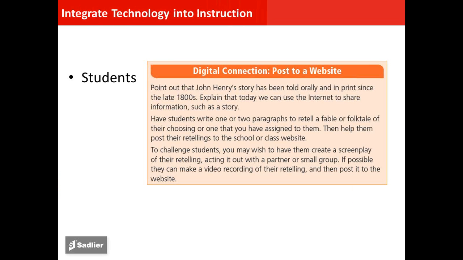With this generation of tech-savvy students, it is essential for students' success and engagement that you help them effectively use technology to improve and produce their writings, enhance their presentations and discussions, and better understand the text they've read.